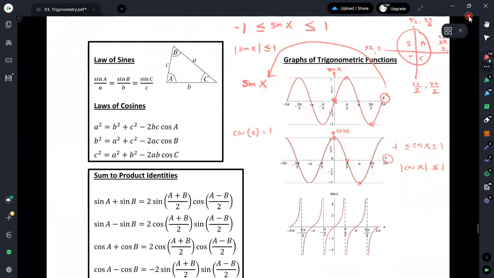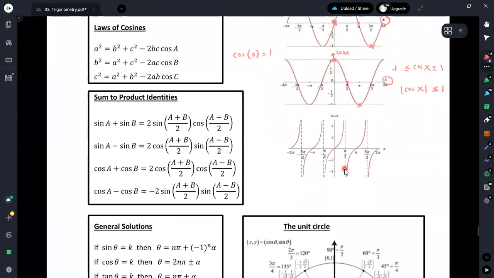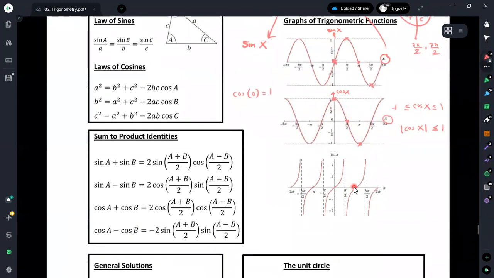And here the graph for tangent x is mentioned. You can see that in the first and the second graphs, both graphs are continuous graphs.